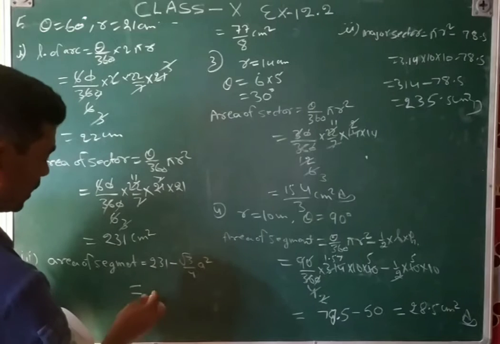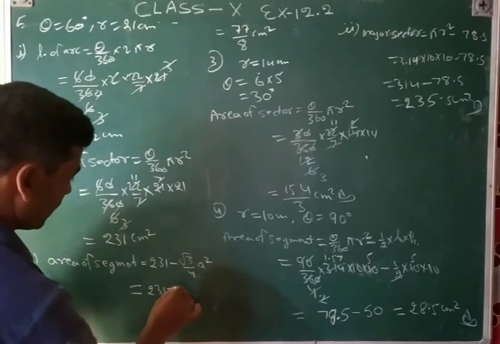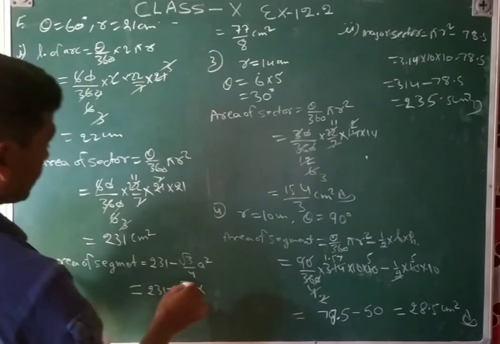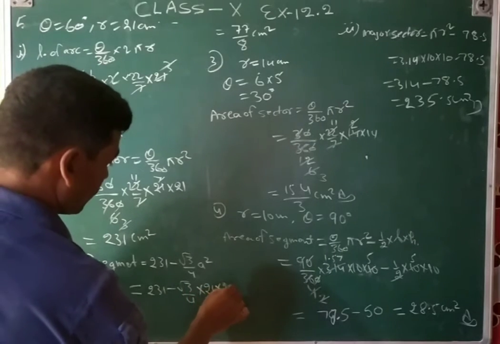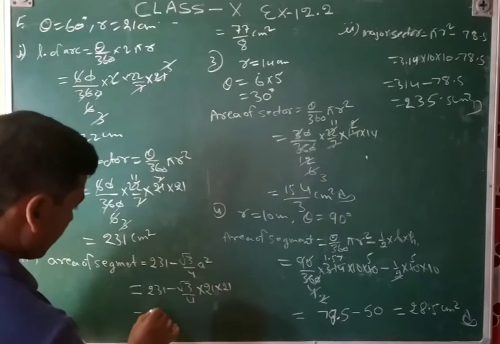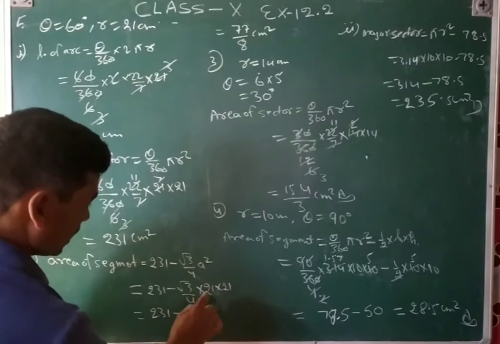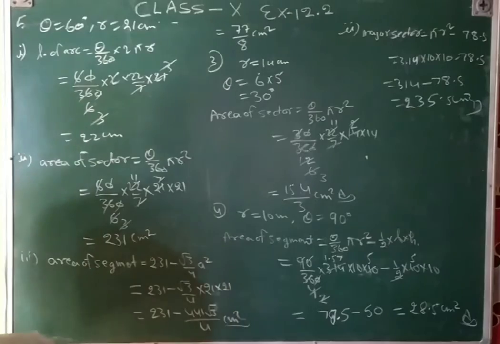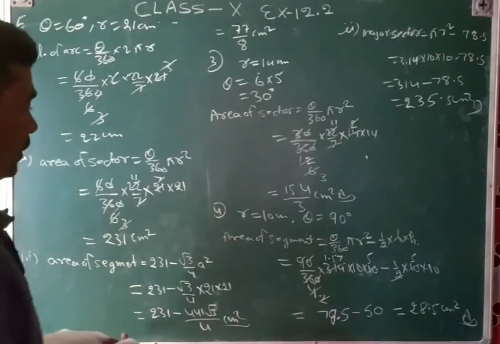So that a is radius. So 231 minus under root 3 upon 4 into, that is radius is 21 into 21. So that 21 multiplied 21, that will be 231 minus 441 under root 3 upon 4 centimeter square. No need to calculate that one.